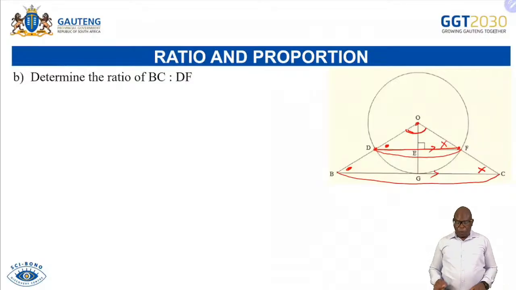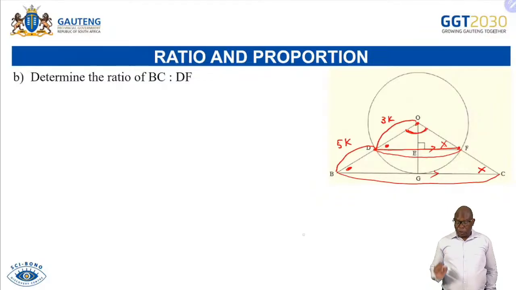All right. So if this angle is a common angle and that angle is equal to that and this angle is equal to that, the two triangles are similar. So if the two triangles are similar, let me first write down the ratios. I think it was 3K and 5K.